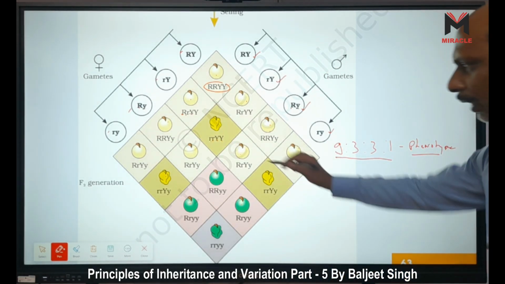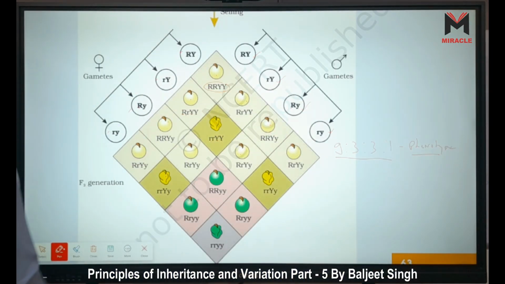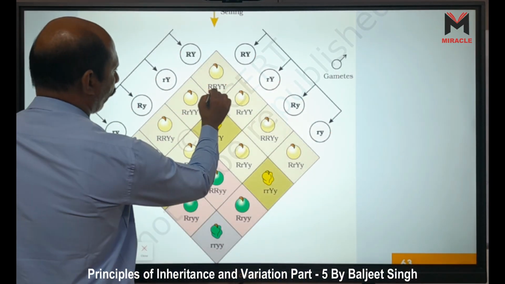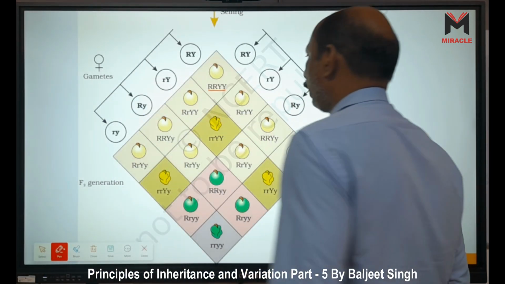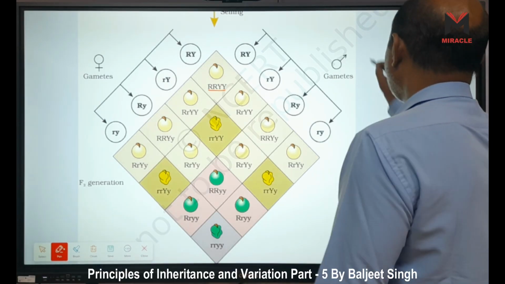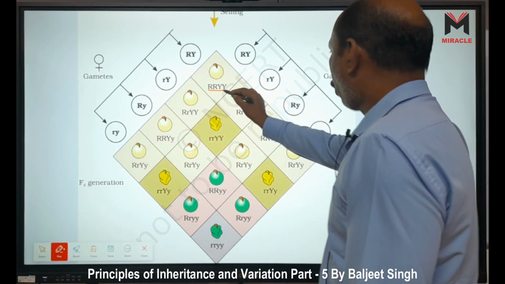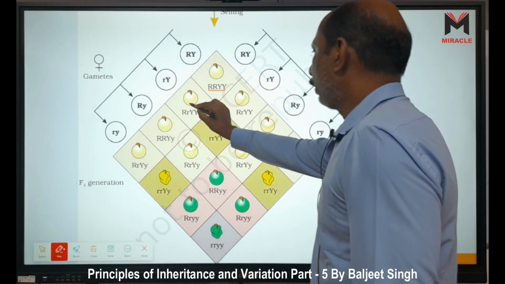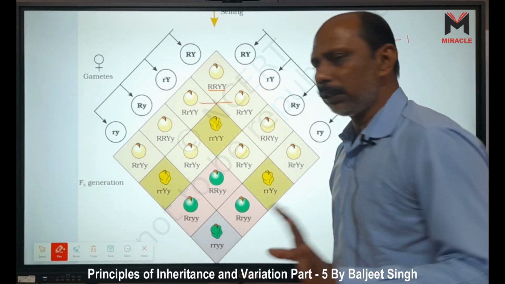And the genotype: when we consider genotype, how could you understand which are the genotypes? Simply you have to see what is given. It is capital R, capital R, capital Y, capital Y. So we can write here capital Y. How many? 1. Second, look here, these two, right? Because we are seeing the genotype.